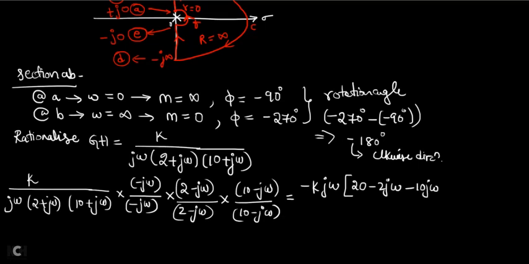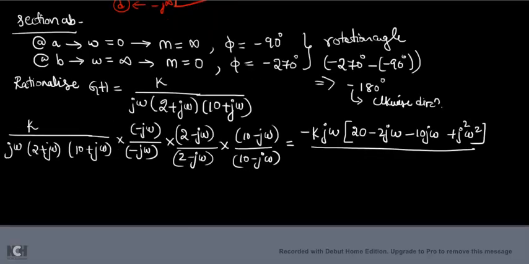You just multiply the terms in the numerator. Then plus j square omega square. And in the denominator what happens? In the denominator j omega into minus j omega becomes minus j square omega square. Correct, no? Minus j square is nothing but 1.